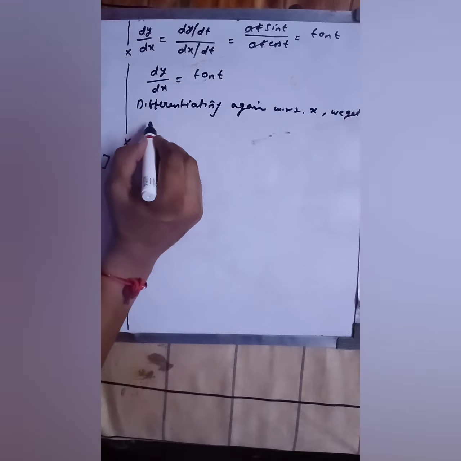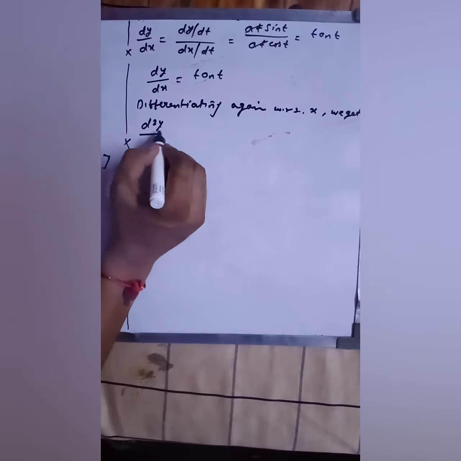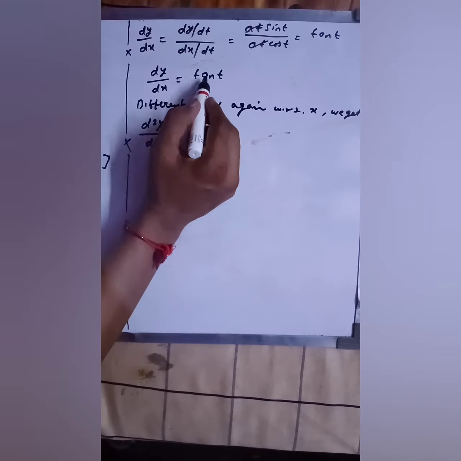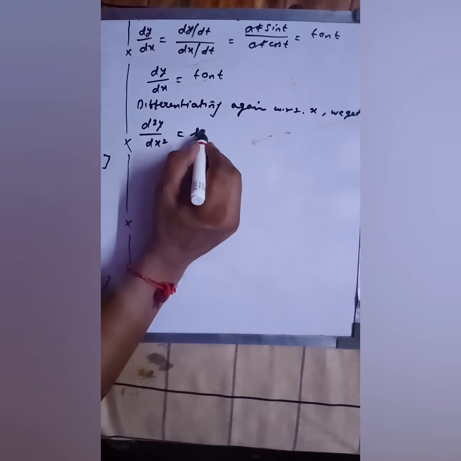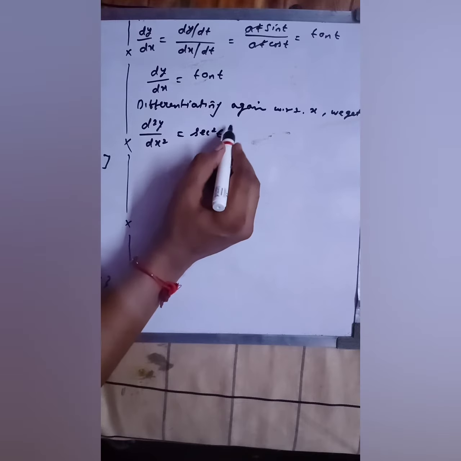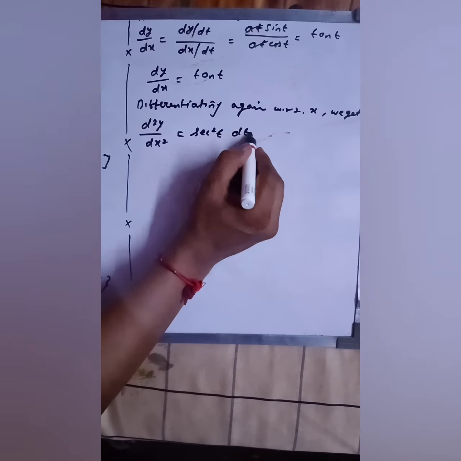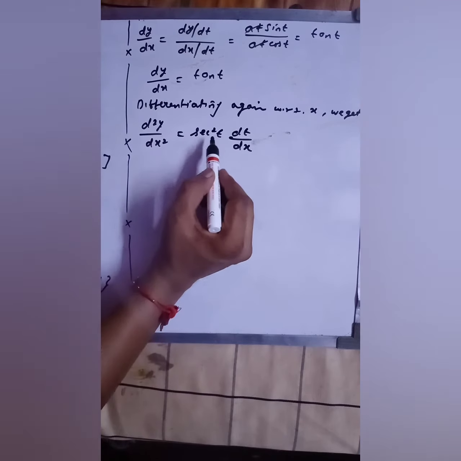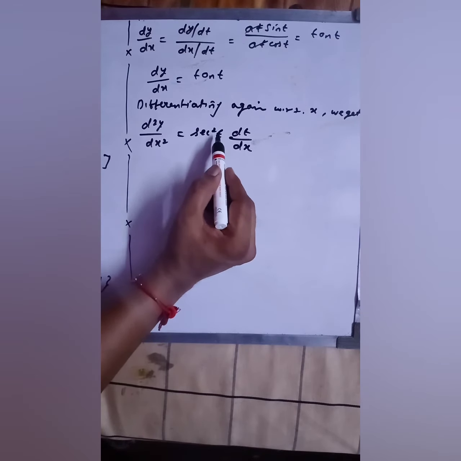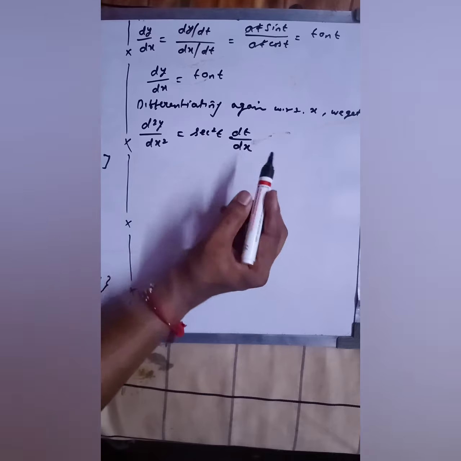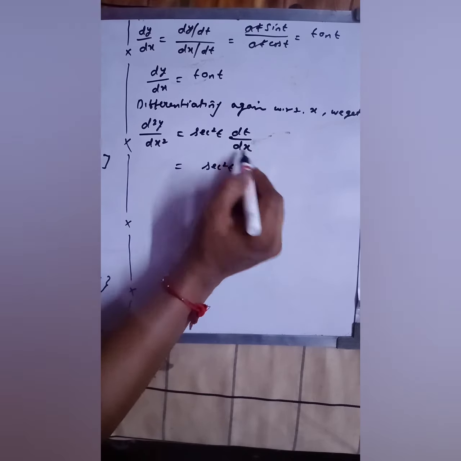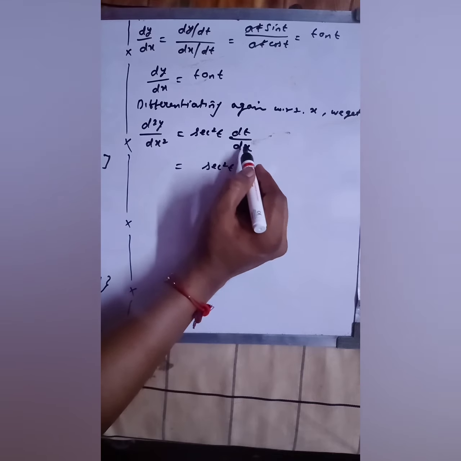And then we get d square y by dx square, and the derivative of tan t would be sec square t, and the derivative of t would be dt by dx, because here we are differentiating with respect to x. So the derivative of t would be dt by dx. Fine. So sec square t, and your dt by dx would be, you have the value of dx by dt.